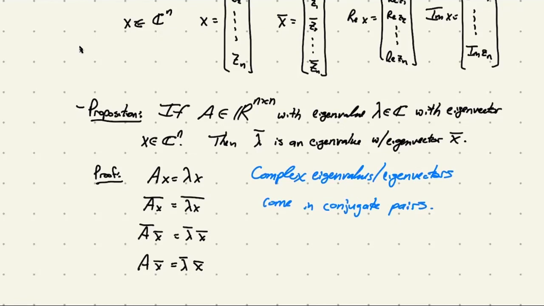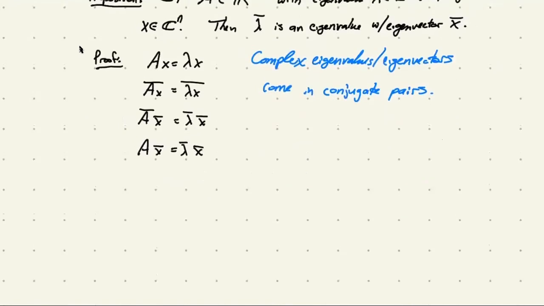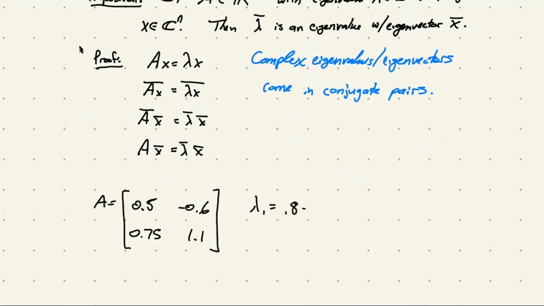So for our particular example, with A being 0.5, 0.75, negative 0.6, and 1.1, we had lambda 1 is 0.8 minus 0.6i with a vector of negative 2 minus 4i and 5.